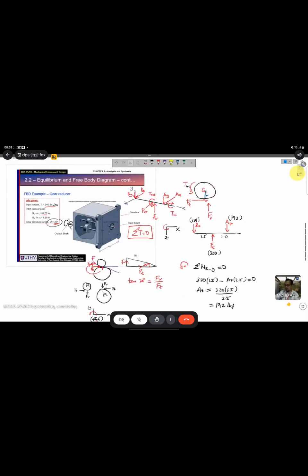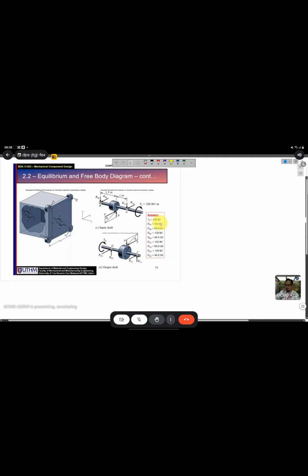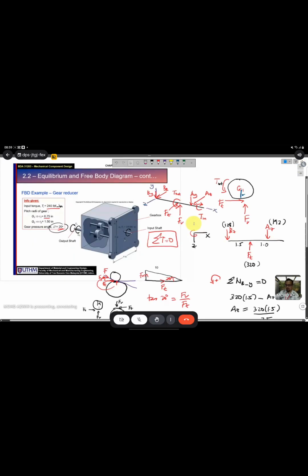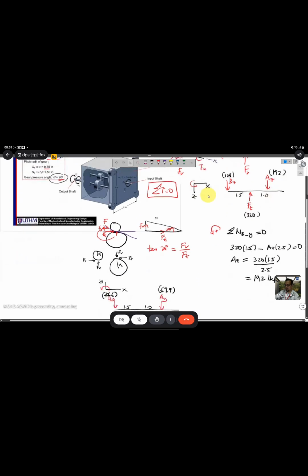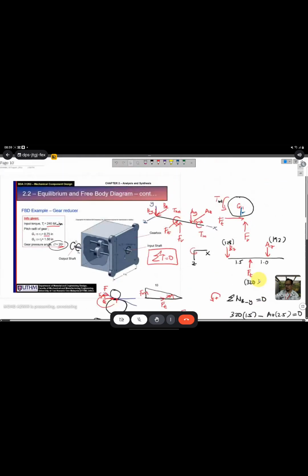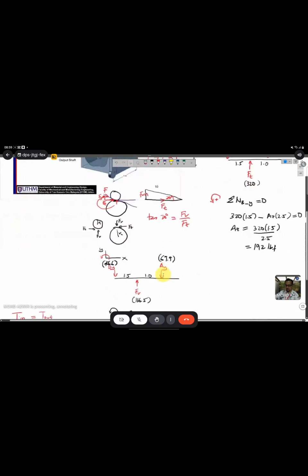Okay, so if you try to compare the answer, there is an answer here. RAY here is 192. I think the same. Mine is AZ, AZ 192. And then maybe BY is here.